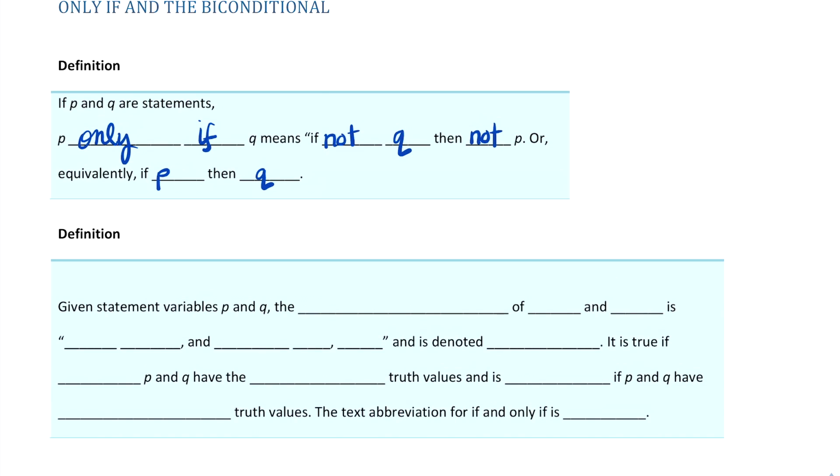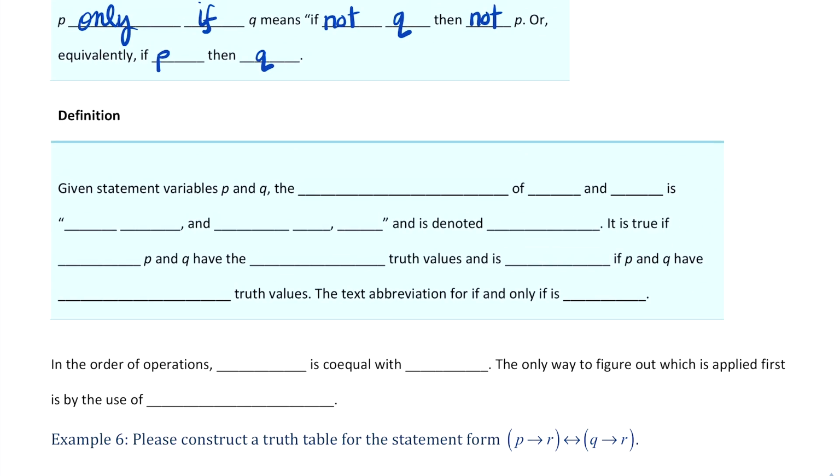So what this is saying is that there's a logical equivalence between a statement and its contrapositive, right? So another definition: given statement variables P and Q, the biconditional of P and Q is P if and only if, that's a powerful statement, Q, and is denoted with a double arrow.